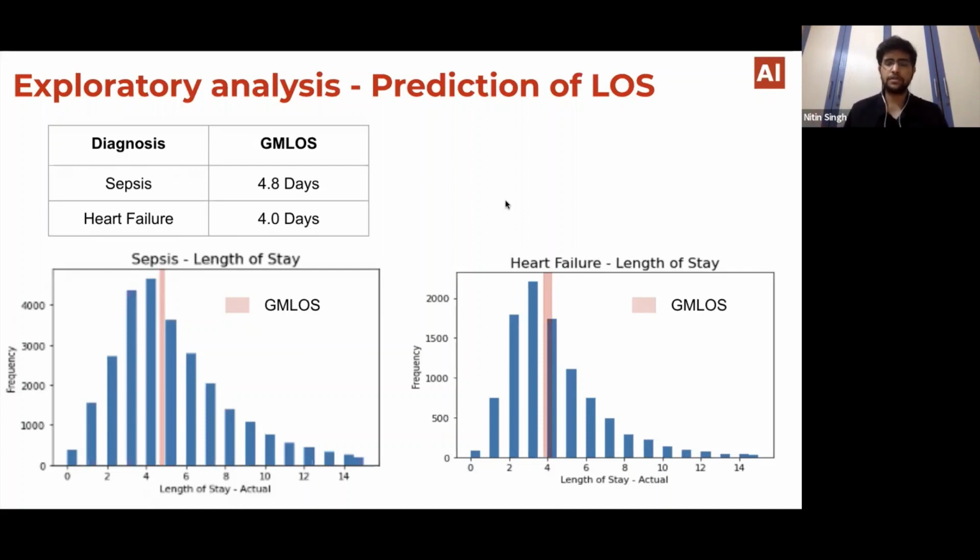Sepsis, heart failure. Just to try to tell you again, suppose I've gone for a hand fracture or something, and as per the ICD-10 code for that diagnosis, I'm supposed to stay for 3 days in the hospital, and the hospital has to treat me within 3 days and discharge me, right?